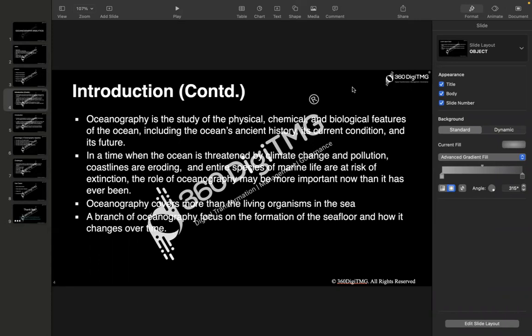So oceanography is the study of physical, chemical, and biological features of the oceans.